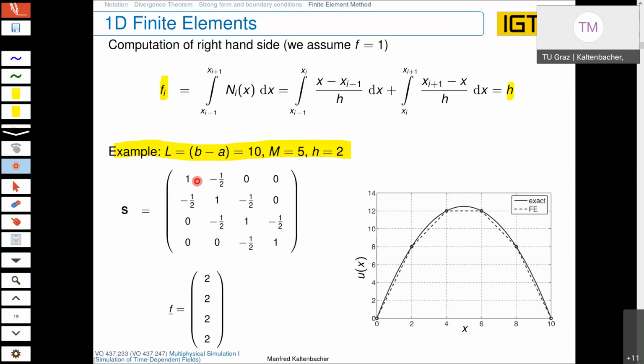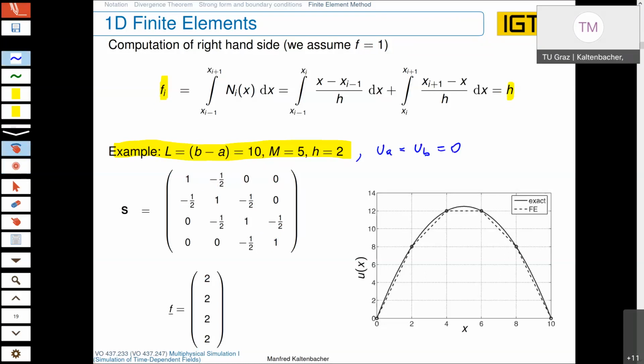And then you see how nice the system matrix is: you have ones on the diagonal, and all the off-diagonal entries are minus 1 over 2. As we see here, since the right-hand side gives an entry of h when f is equal to 1, the right-hand side is always 2. I've forgotten to write here that we have assumed u_a equals u_b equals 0, so we had homogeneous Dirichlet boundary conditions.